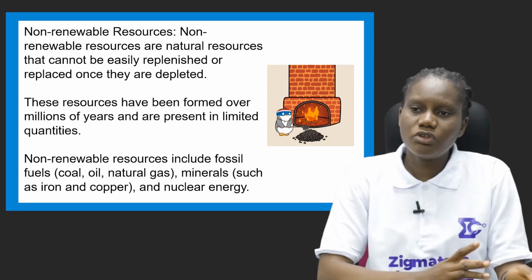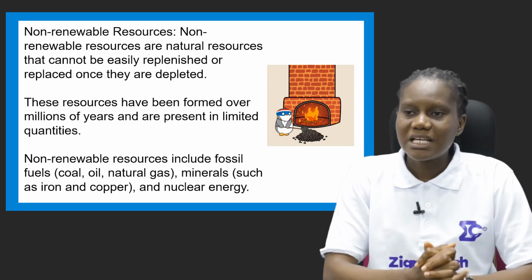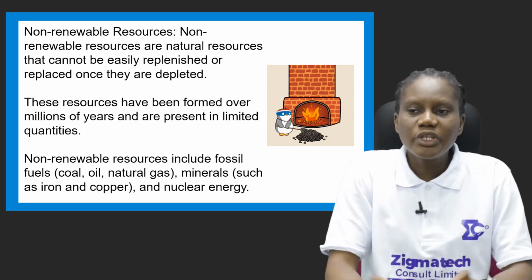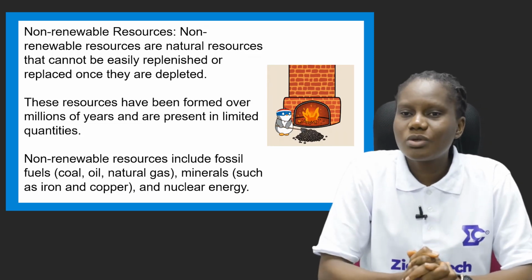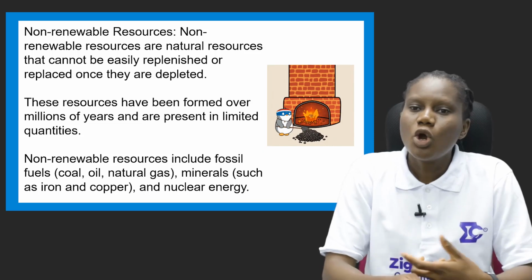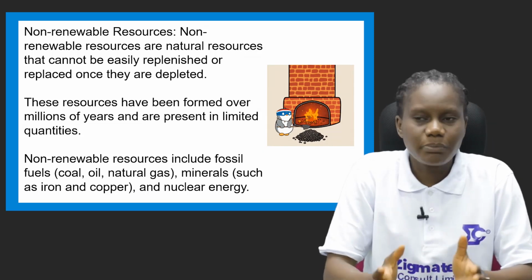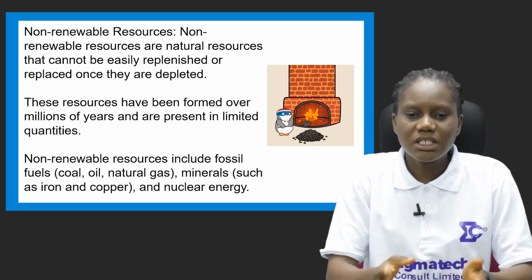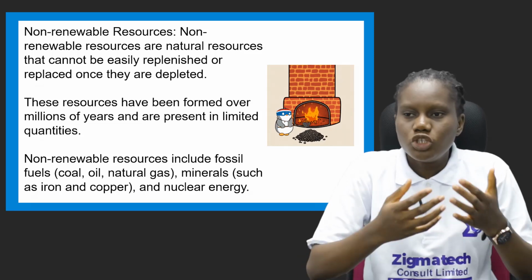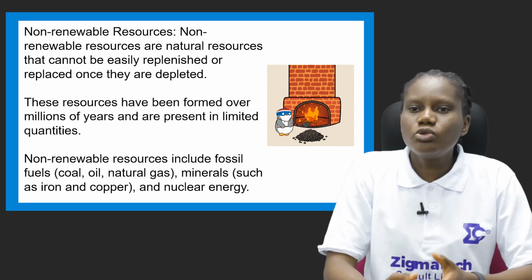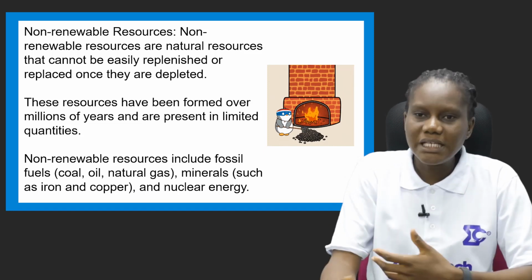If you remember, I told us that renewable resources can be replenished within a short period of time, but our non-renewable resources cannot be easily replenished or replaced once they are depleted. As you are using them, they are reducing, and you don't easily get them replaced on time.